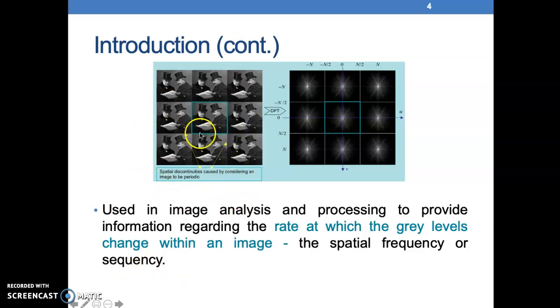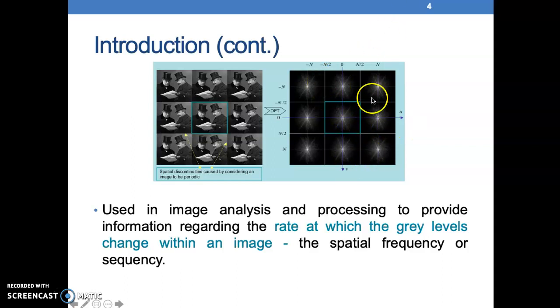So the left side is the spatial domain and the right side is the frequency domain, where the information is only on the rate of gray level changes. Different images will transform into different outputs.